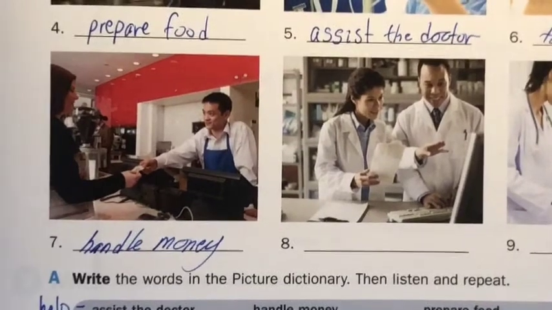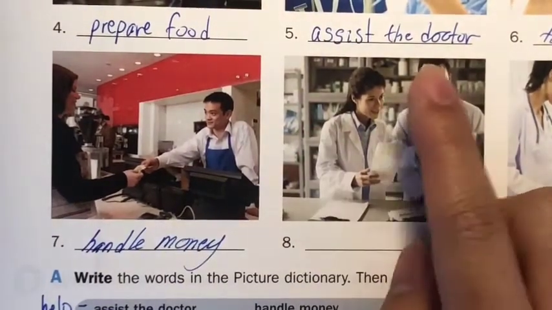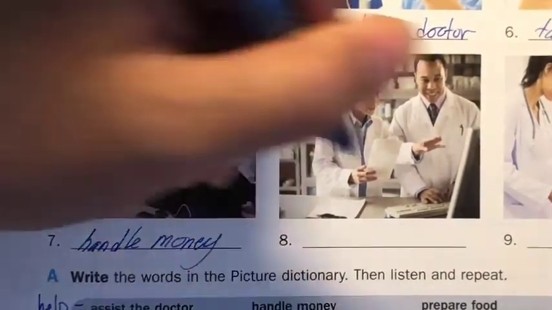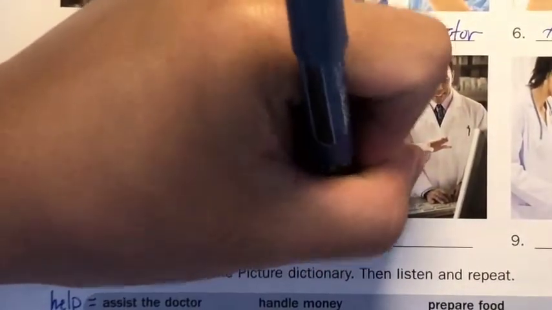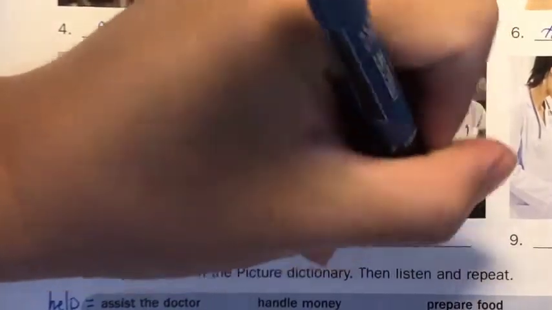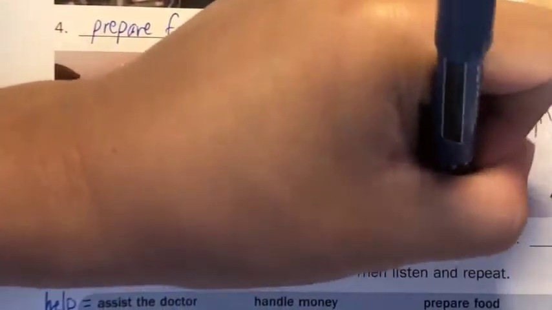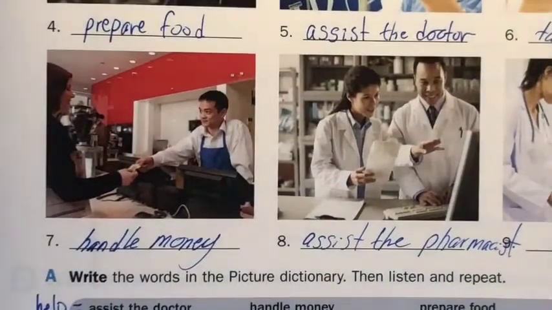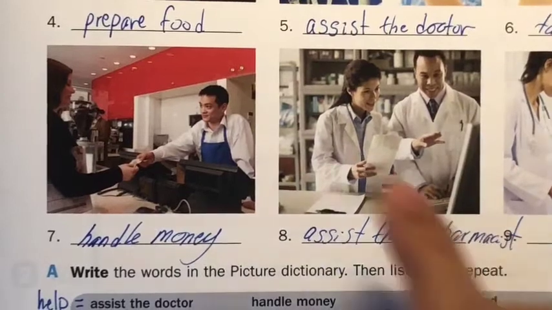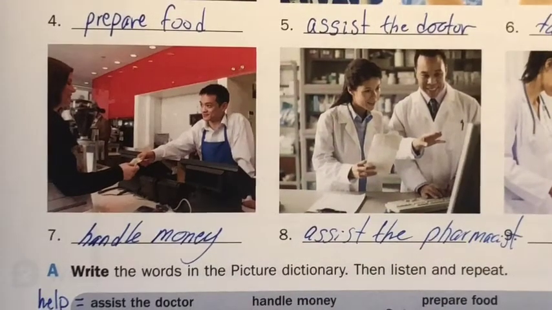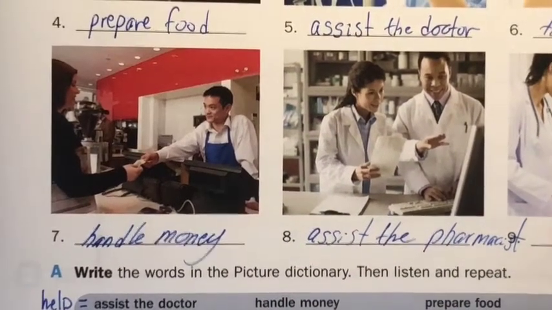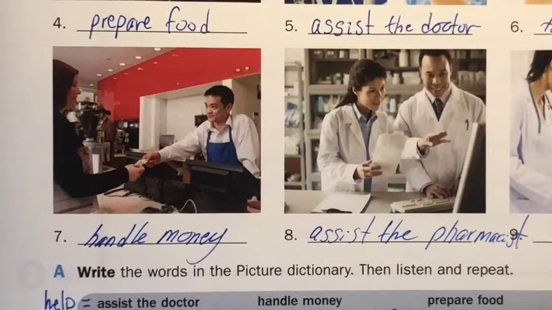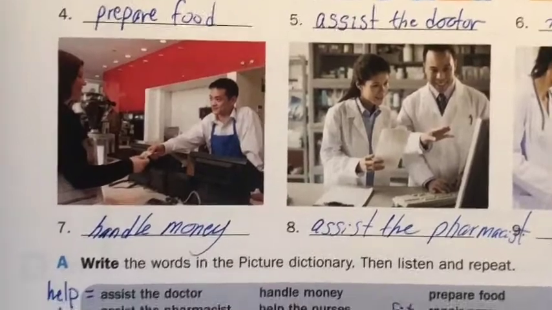Number 8. They work at a pharmacy. You can see the medicine bottles in the background. So this is assist the pharmacist. They are helping the pharmacist, the person who makes medicine. Number 9. The only one left is help the nurses.